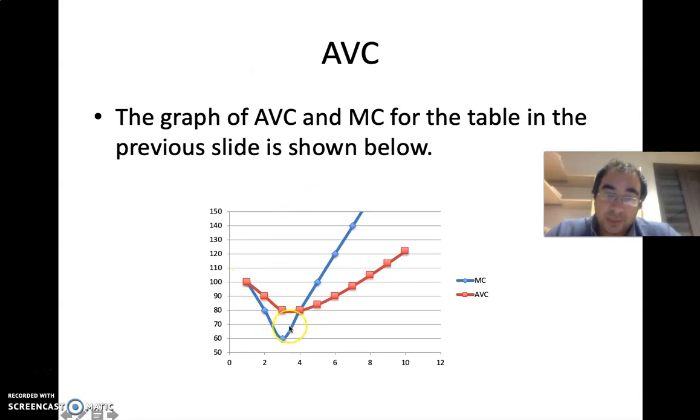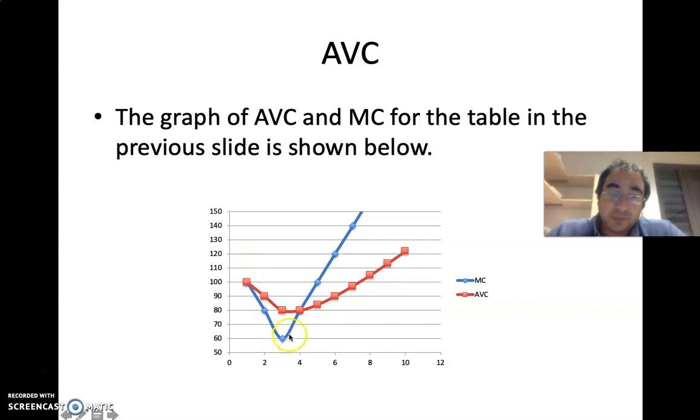However, when you draw the line, you see this. Average variable cost is at its lowest point when it intersects with the marginal cost. To be exact, actually, we should say this. Average variable cost is at its lowest point when it intersects with the marginal cost curve, and at which point the marginal cost curve also has an increasing slope, because the average variable cost and marginal cost curve can also intersect at the point when marginal cost has a decreasing slope.